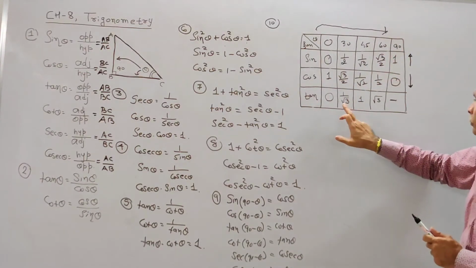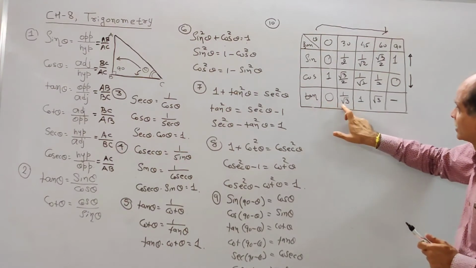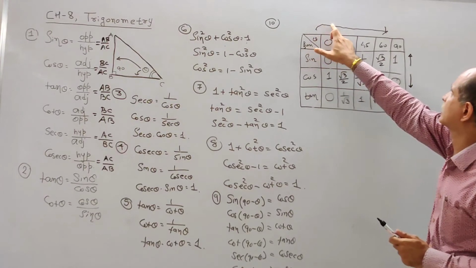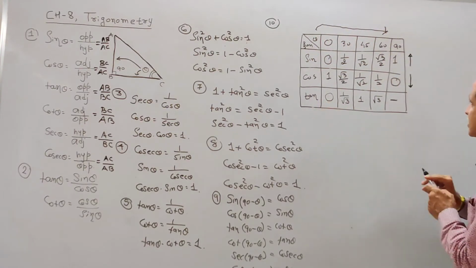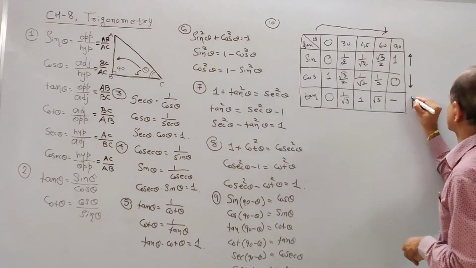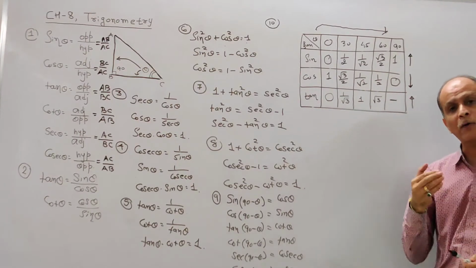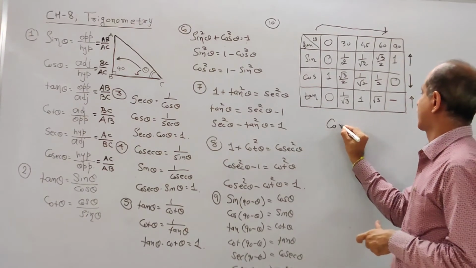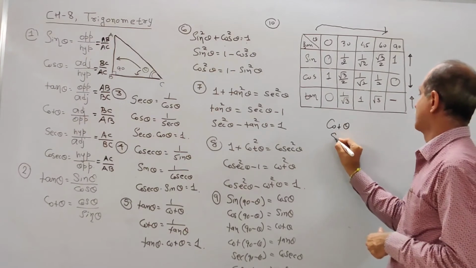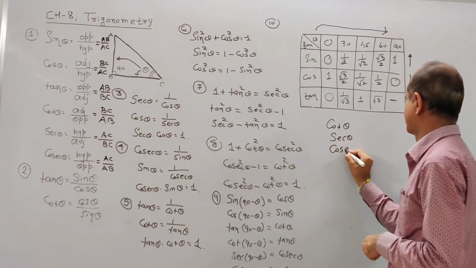So here the value of tan increases as theta increases from 0 to 90. The value of tan also increases, and that's why tan is also an increasing function. Now we know how to find the value of cot theta, similarly sec theta and cosec theta.